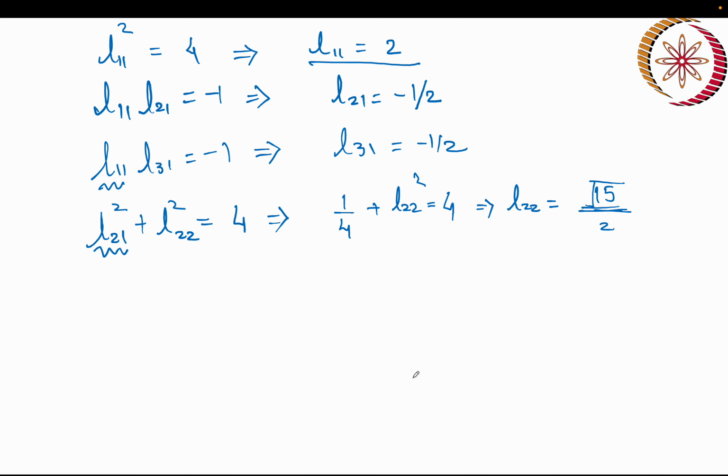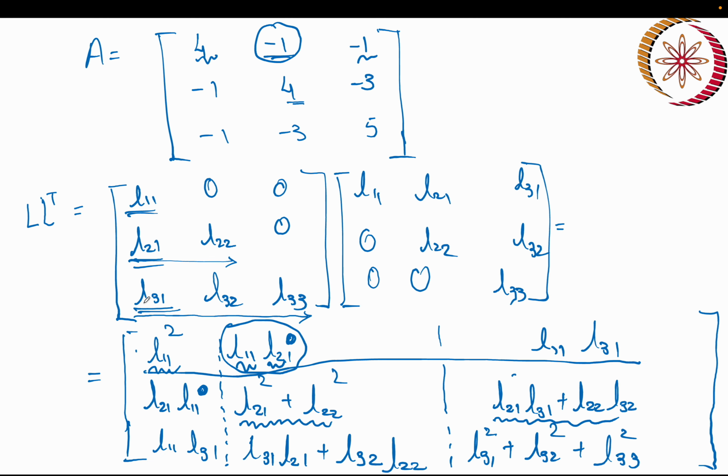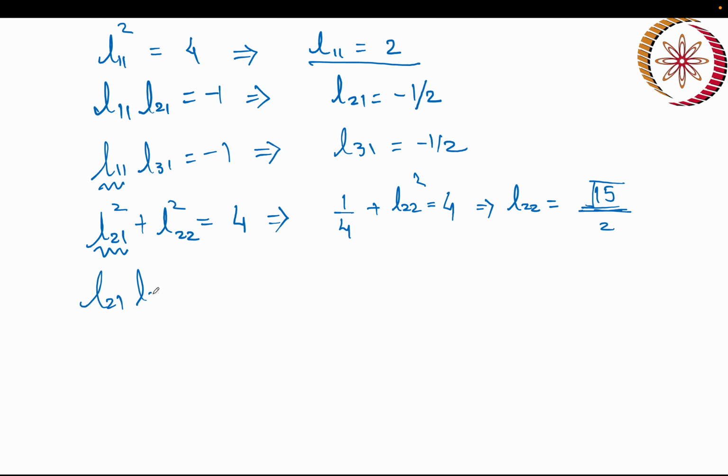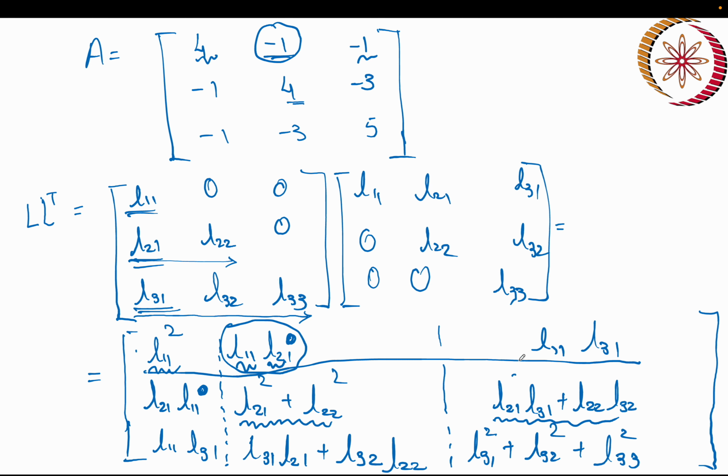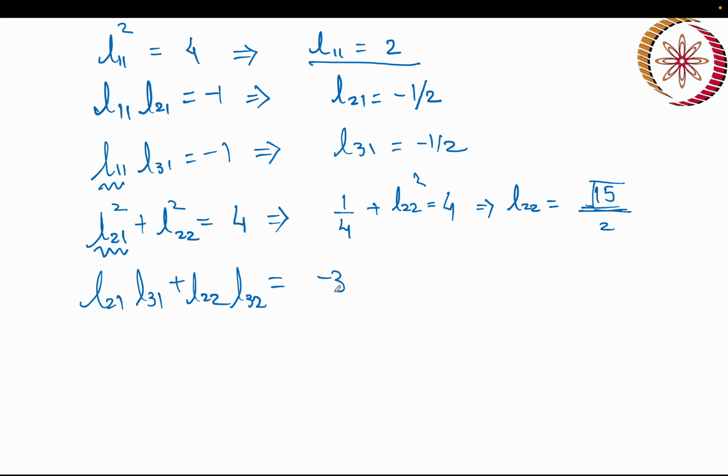Okay, L21 L31 plus L22 L32 is equal to, so we are now dealing with this term, and we equate it to -3. Do we have this L21? L21 is -half.